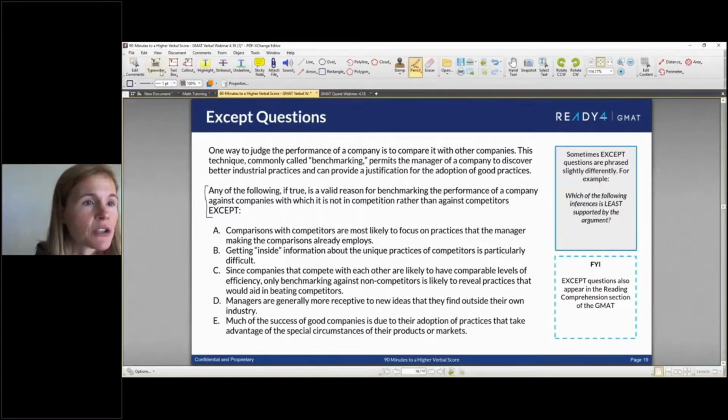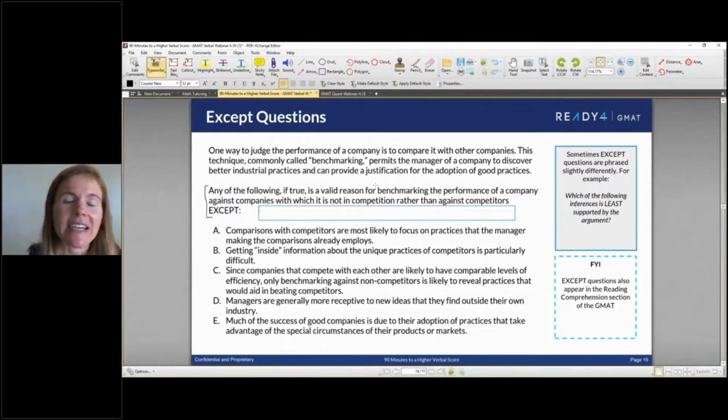So I'm going to try to write this in as simple terms as I can think of. And again, it's okay to take some time to do this. It will pay off. Any of the following, if true, we don't need that, is a valid reason. Okay, we're looking for a good, valid reason for benchmarking the performance of a company. I'm just going to say comparing a company.